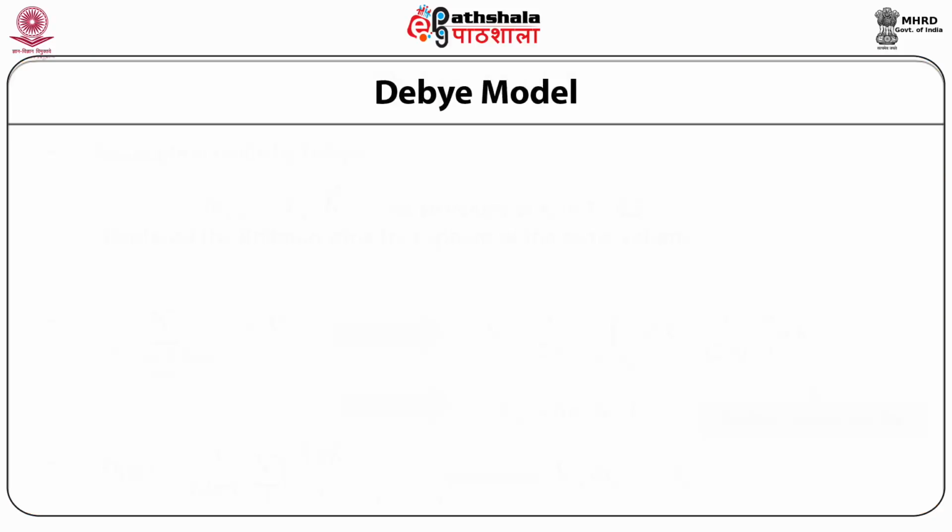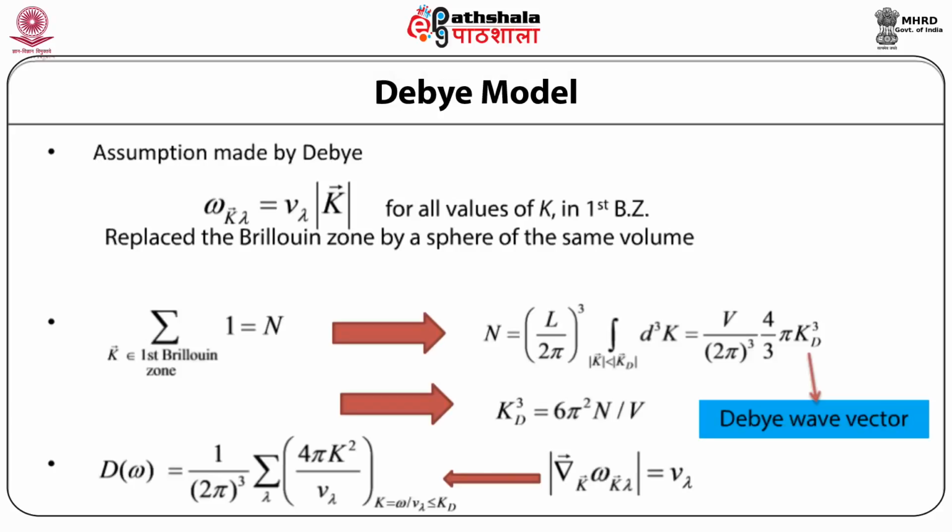The Debye model. In order to evaluate the specific heat, Debye assumed that omega(k, lambda) is equal to V lambda into mod of k for all values of k in the first Brillouin zone. Then S lambda is a sphere in k space of radius k, which is omega divided by V lambda. Further, Debye replaced the Brillouin zone by a sphere of the same volume.